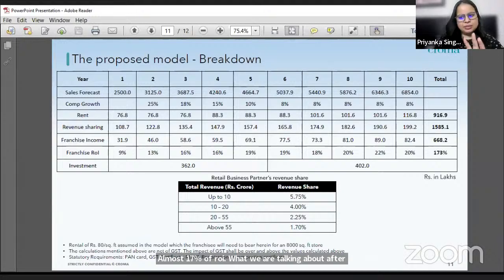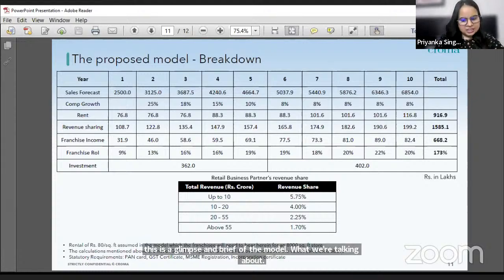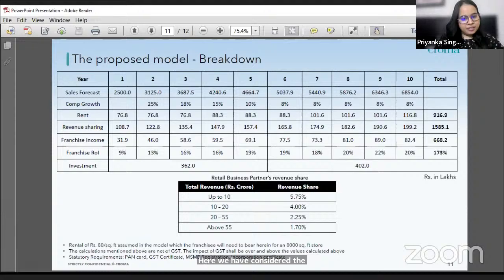So this is a glimpse and brief of the model we're talking about. Here we have considered the sales. Here we have considered the rental escalations. Here we have considered your additional investment in the 6th to 10th year. If you see the investment row, for the first 1 to 5 years there is 3 crore 62 lakh rupees.